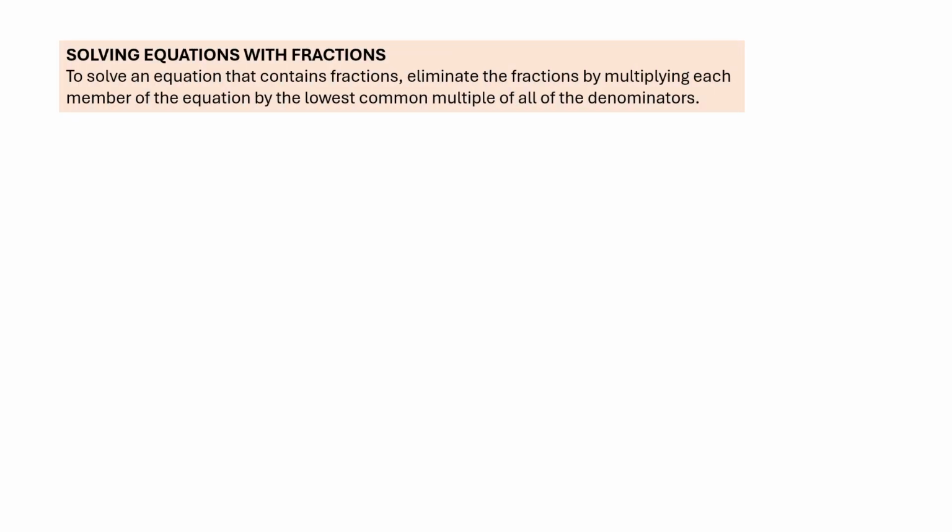Solving equations with fractions. To solve an equation that contains fractions, eliminate the fractions by multiplying each term of the equation, each side of the equation, by the lowest common multiple of all of the denominators.